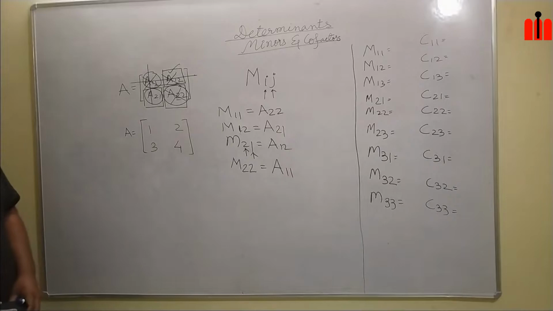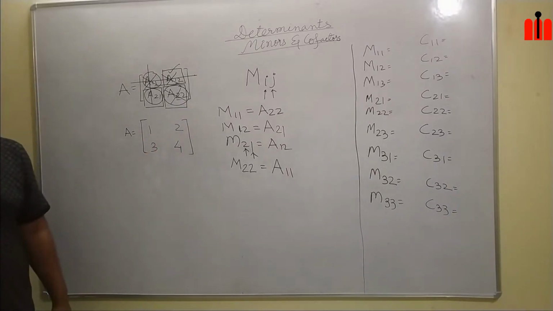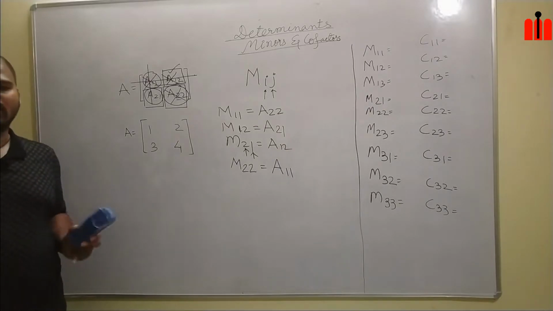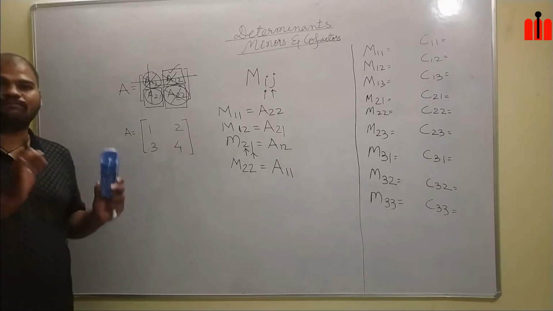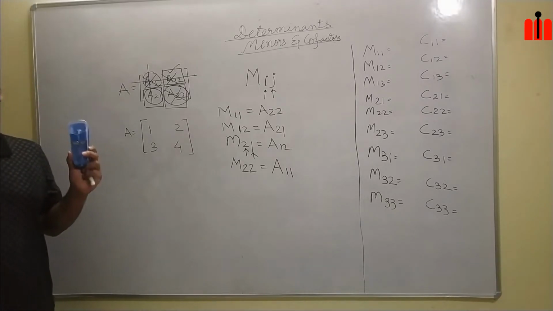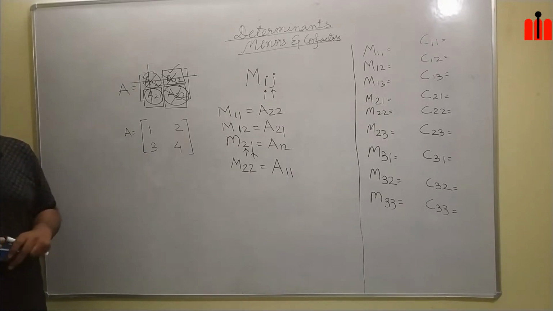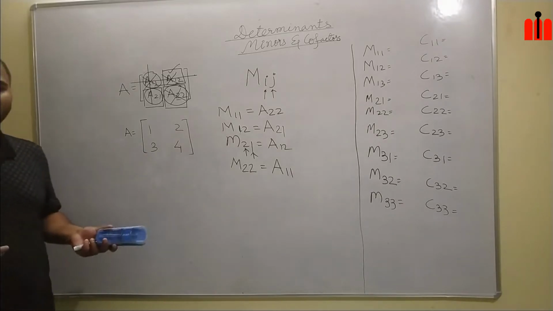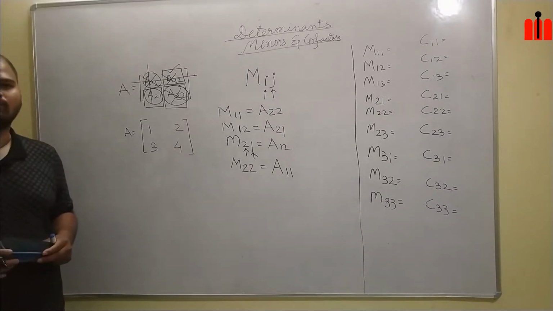Okay, this example of 2 by 2 is basically for you to understand how we need to strike the column and row to find the minors. Next example we will go with 3 by 3, where we will understand exactly how to calculate the minors.